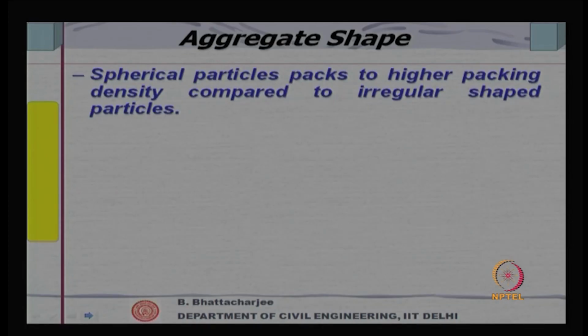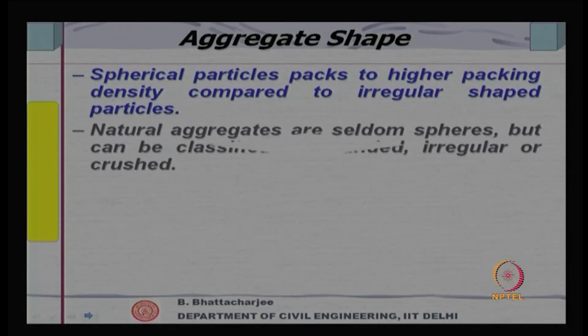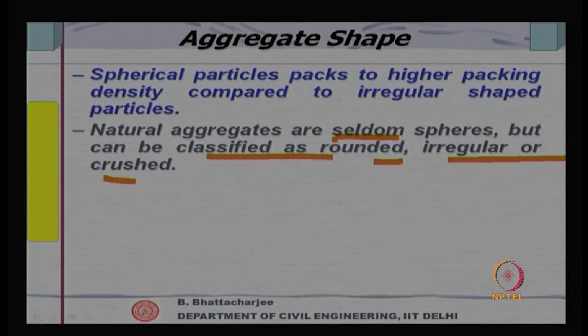Natural aggregates are seldom spheres, but they can be classified as rounded, irregular or crushed, as we have seen.